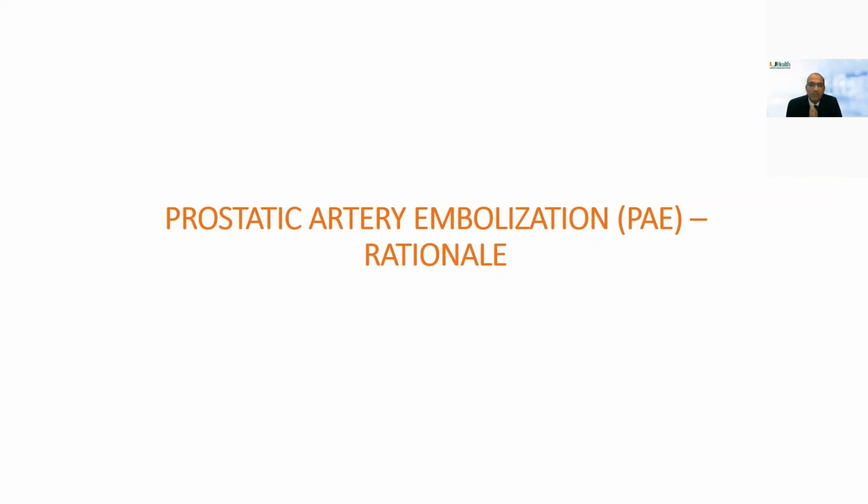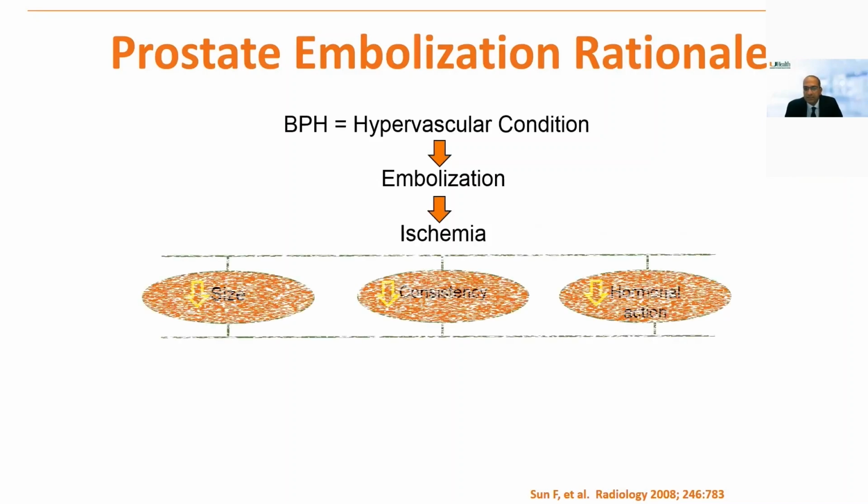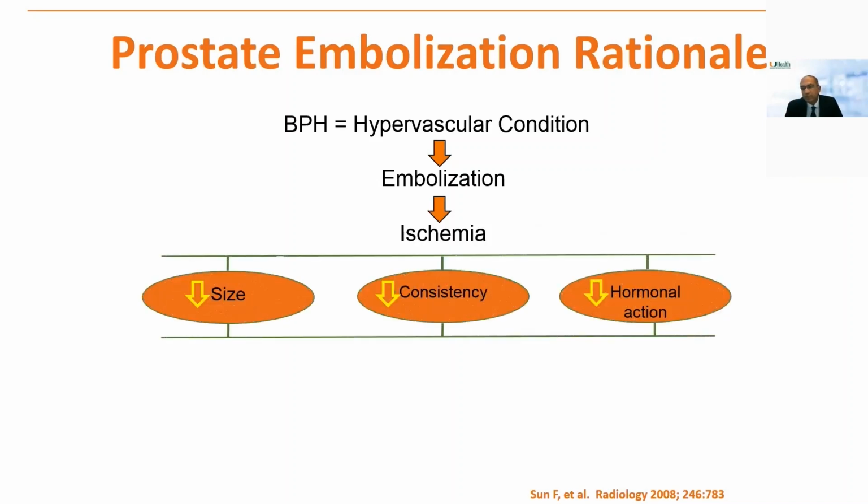And I'll just go over the very basics. How does this procedure make sense? How is it done? What are the clinical aspects? What to expect after the procedure? And what do we know currently about this? So rationale: BPH per se is a hypervascular condition, though it's not a hypervascular tumor. So embolization should make sense because it will cause ischemia and it will have a threefold effect.